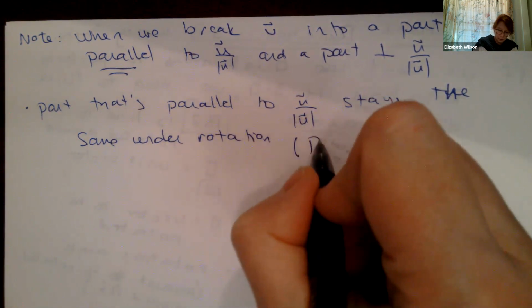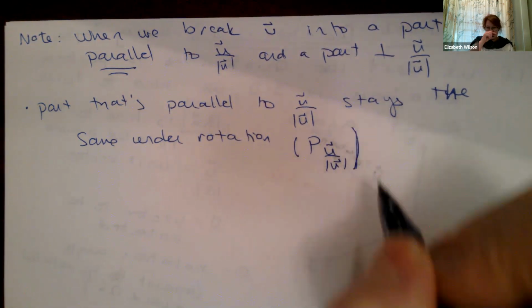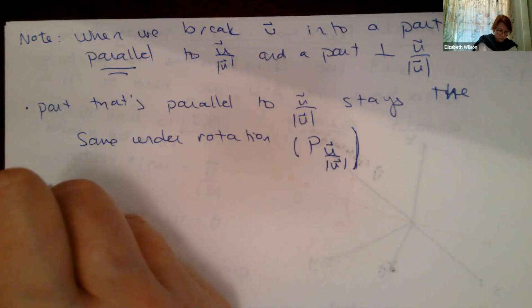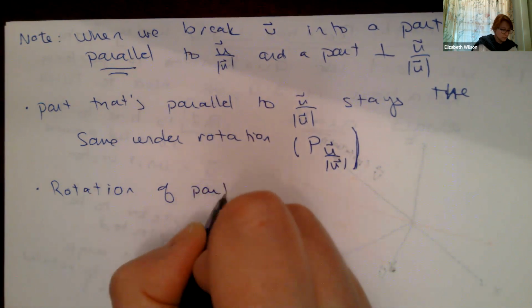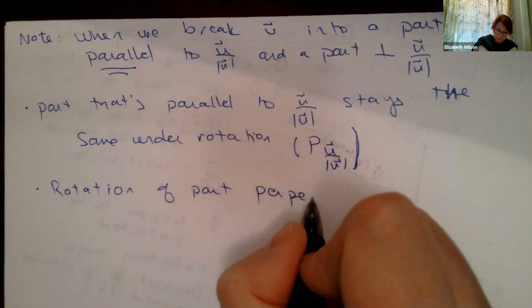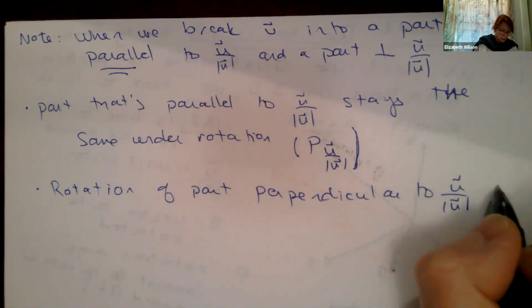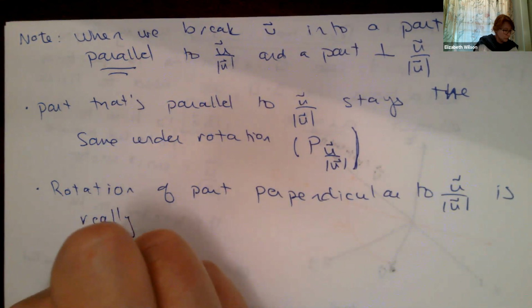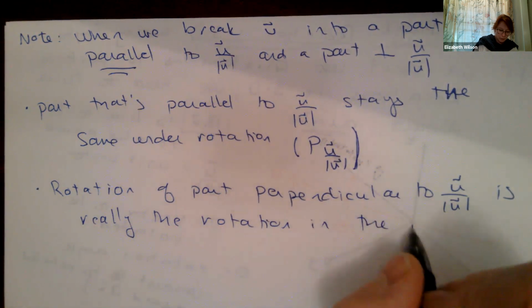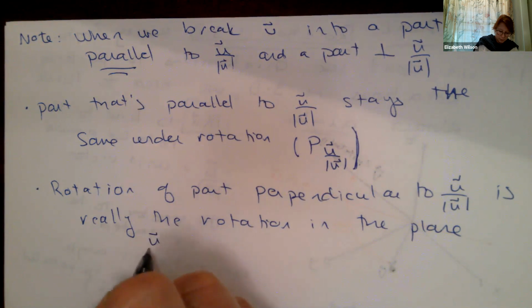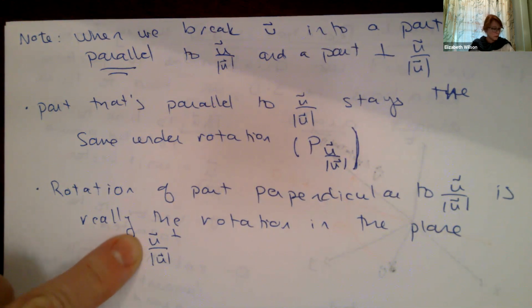This is our projection onto that. The rotation part that's perpendicular to our unit vector is really the rotation in the plane that has this unit vector as its normal, okay?